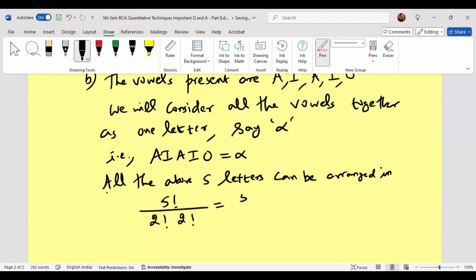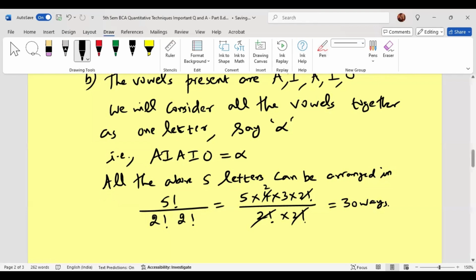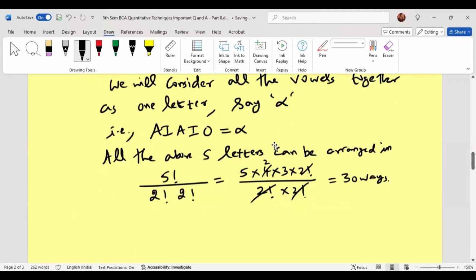So this will become 5 into 4 into 3 into 2 factorial divided by 2 factorial into 2 factorial. This and this get cancelled. 2 factorial is nothing but 2, so that goes with this 2. So this is 10 into 3, 30 ways. This we have done only for this alpha.